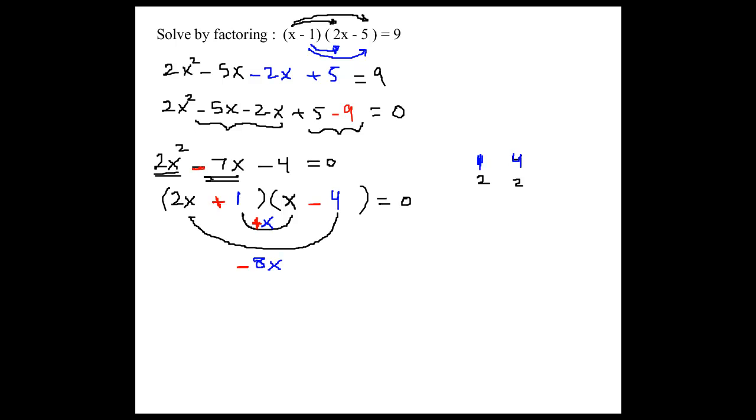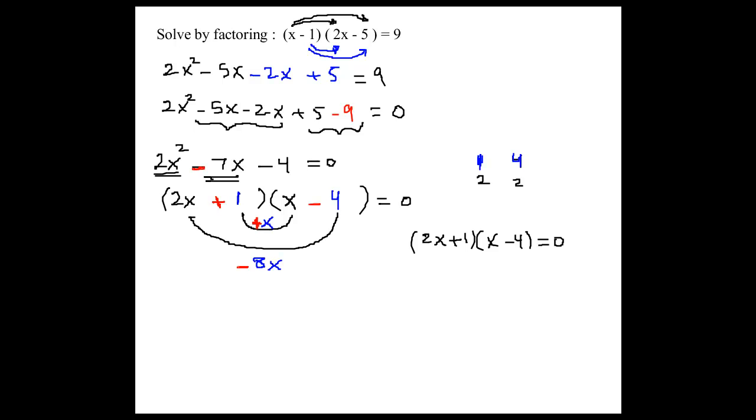Carly, can you tell me what would be the next step to solve for x? I'm not sure. Okay, so far we have 2x plus 1 times x minus 4 is equal to 0.